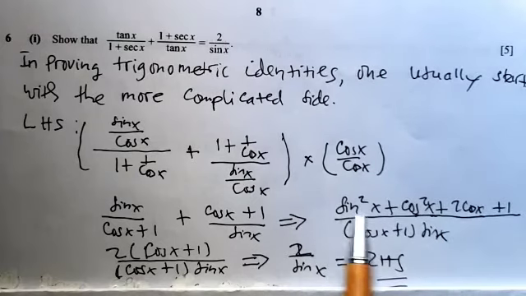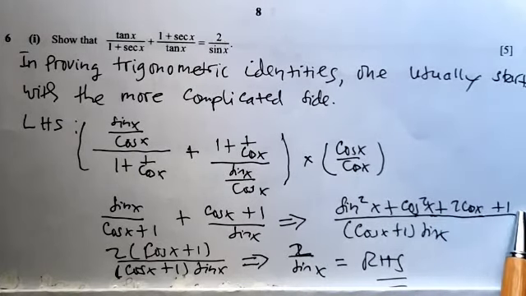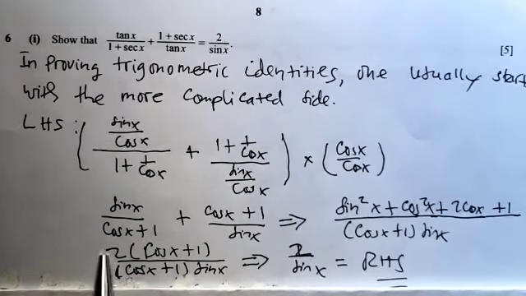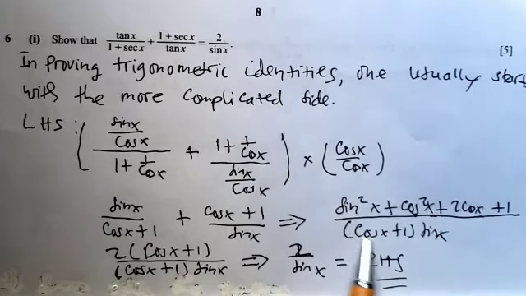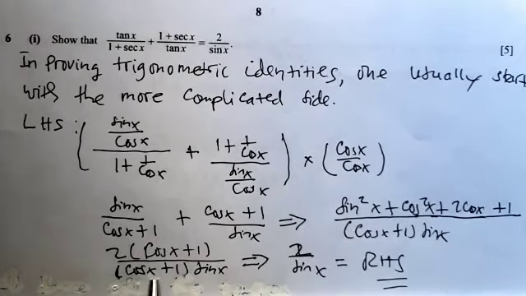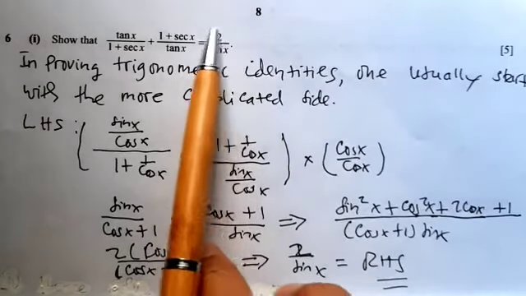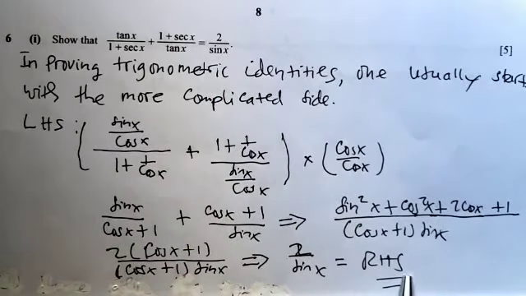Now the numerator is 2 cos x plus 2, and taking out the brackets, 2 times (cos x + 1), with the same denominator (cos x + 1) times sin x. Cancel cos x plus 1, and what is left is 2/sin x, which equals the right hand side.